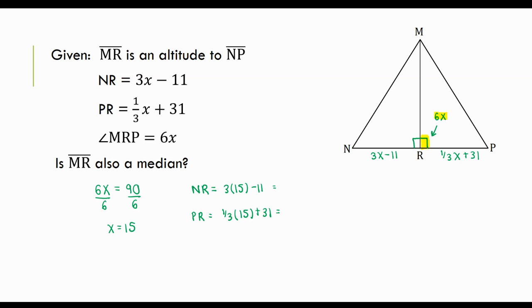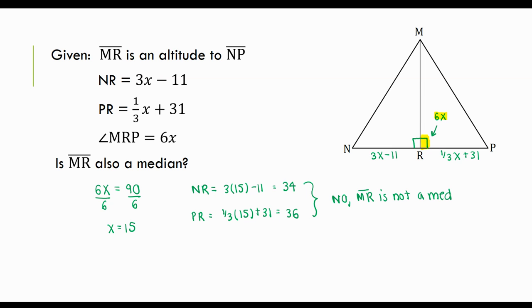When I subtract 11, we get a length of 34. When I take 1/3 of 15, I am going to get 5. When I add 31 onto it, I'm going to get 36. Because these two lengths are not the same, my answer is no, segment MR is not a median.